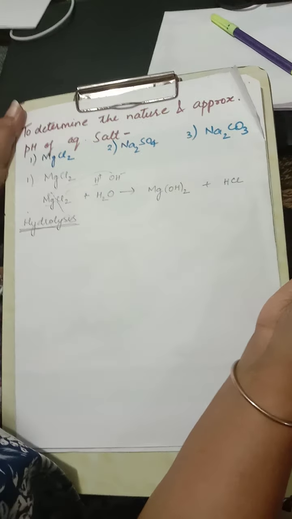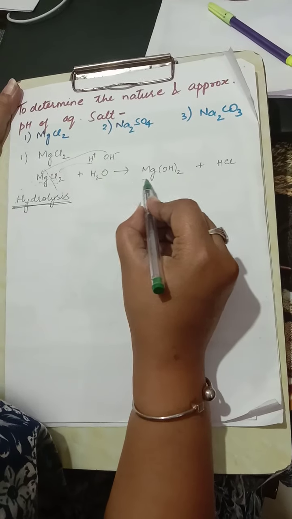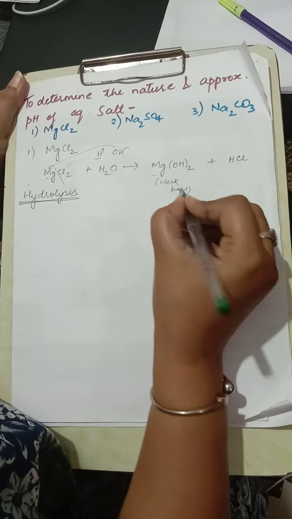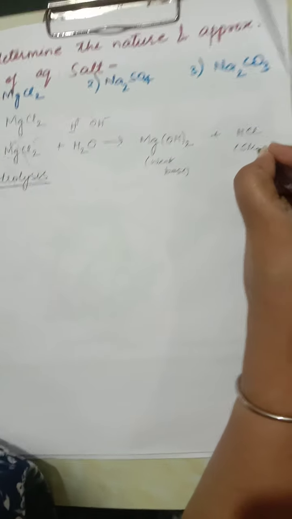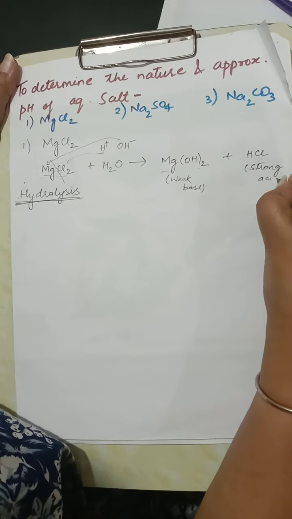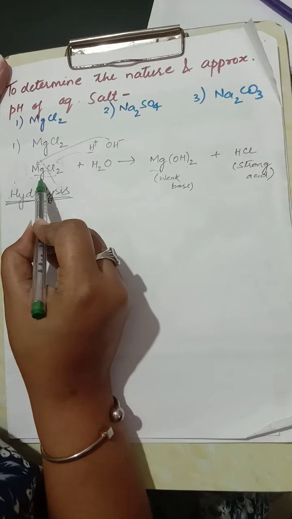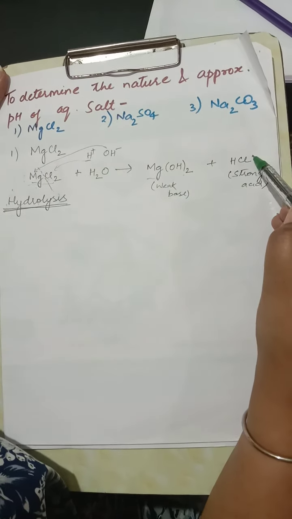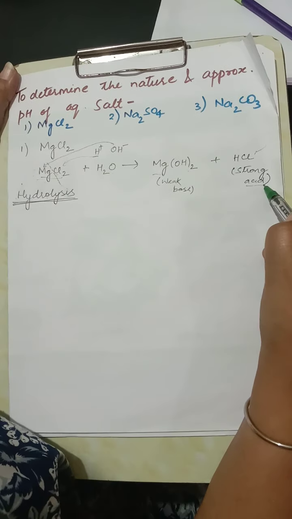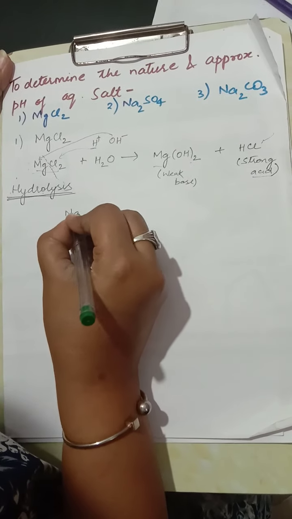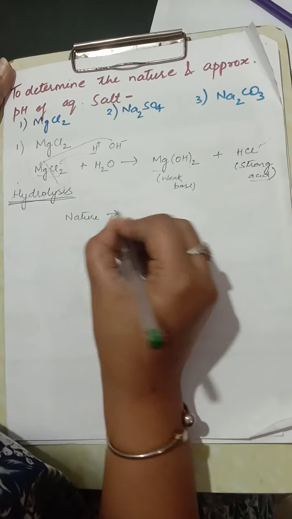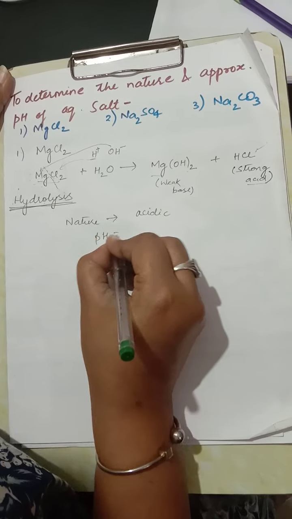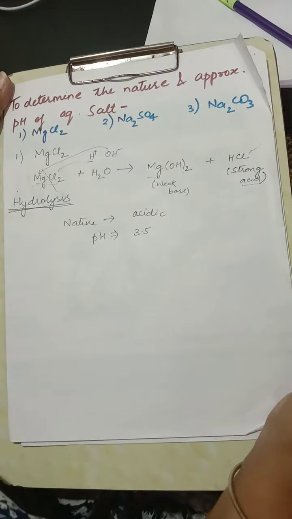And we already know Mg(OH)2 is a weak base. HCl is a strong acid. So, MgCl2 will adopt the nature of the stronger one. Which one is stronger? HCl. And it is an acid. So, the nature of MgCl2 is acidic and its pH value will be 3.5 approx.